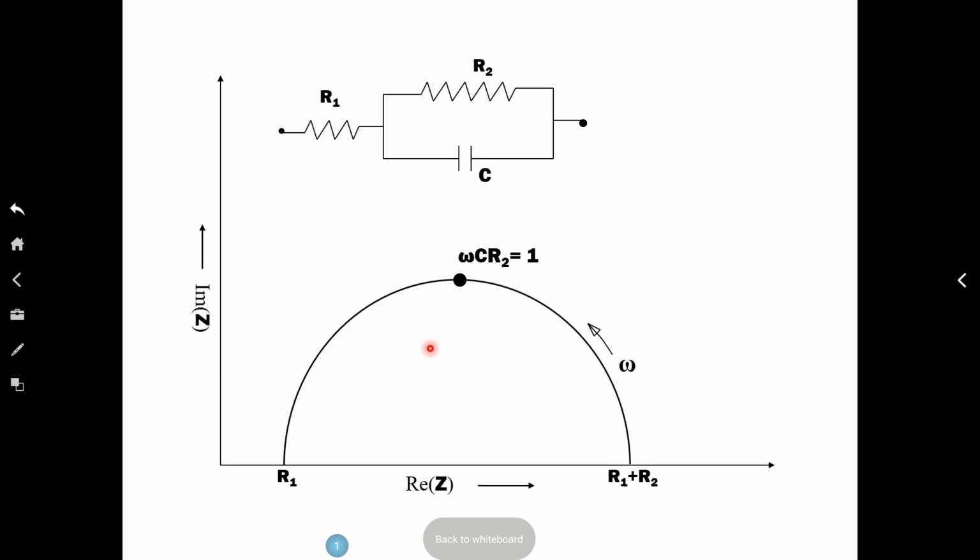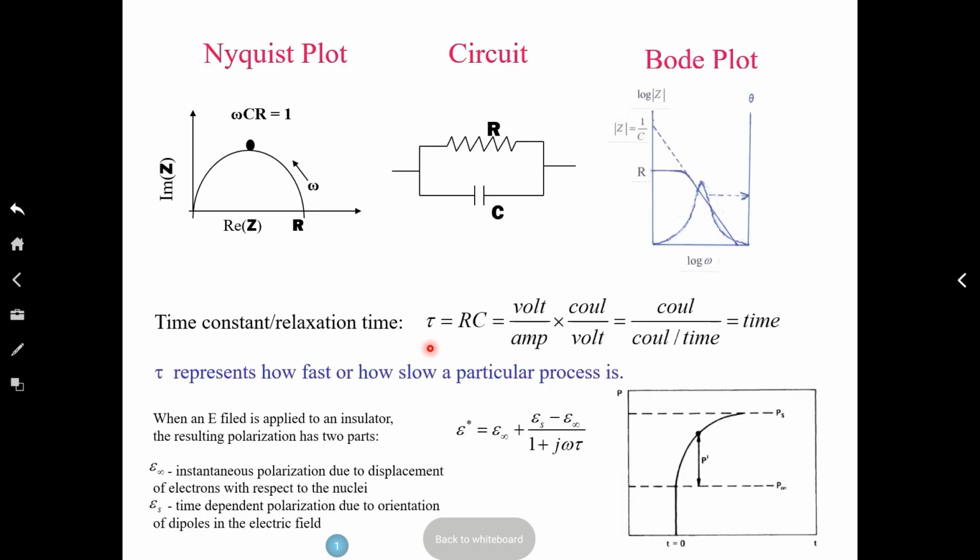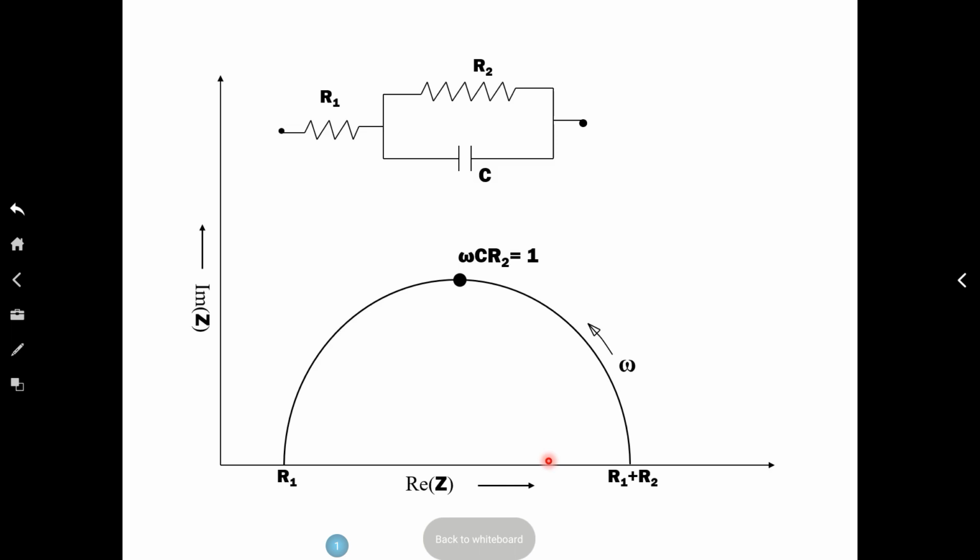I'm showing you some of this from the dielectric literature, where you can model this by dielectric absorption. Anyway, it's a very similar concept here with relaxation times. They represent the speed of the process, how fast or how slow.